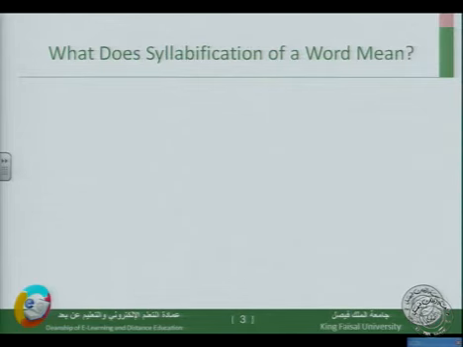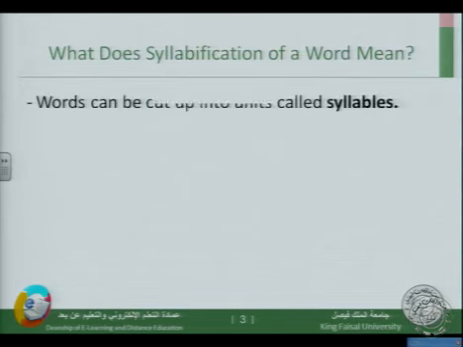So, let us talk now about what syllabification of a word means. Words in English can be cut up into small units. These units are called syllables. مقاطع صوتية. Okay? Why are these syllables important? Because they help you to pronounce difficult words correctly.